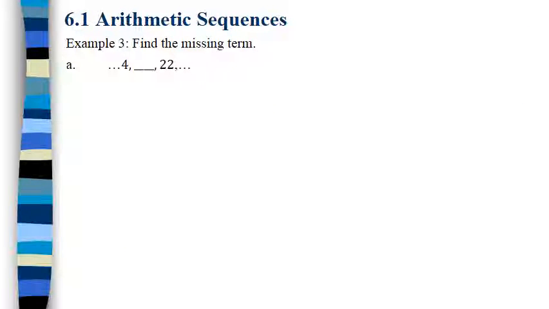So how could we find missing terms? Well, we know we have to have the same difference between every consecutive term, meaning that to go from here to here, we have to add some value. We'll call it x. And to go from here to here, we have to add another value. Well, we can actually write an equation. If I start with 4 and I add x, and then I add another x, I should get 22.